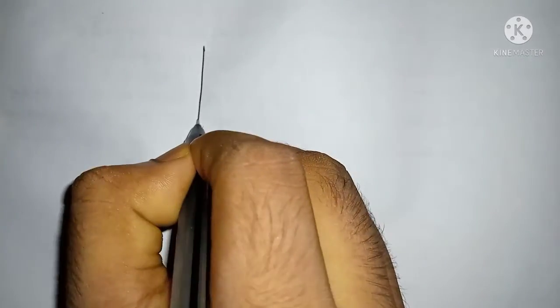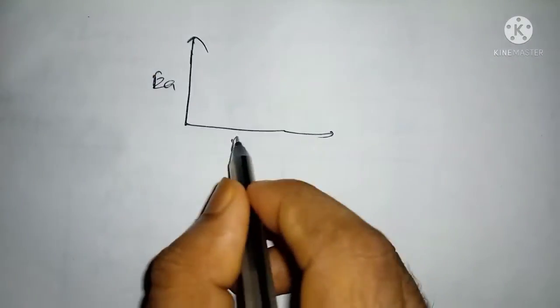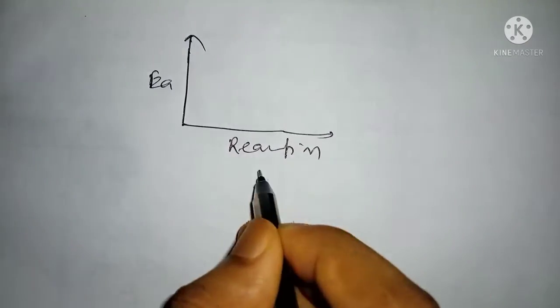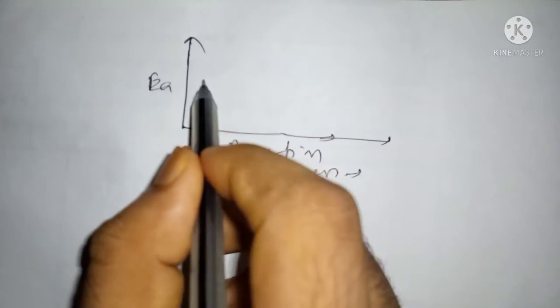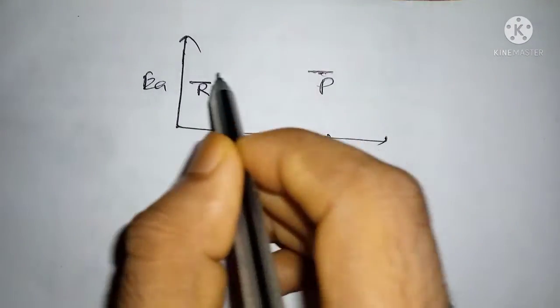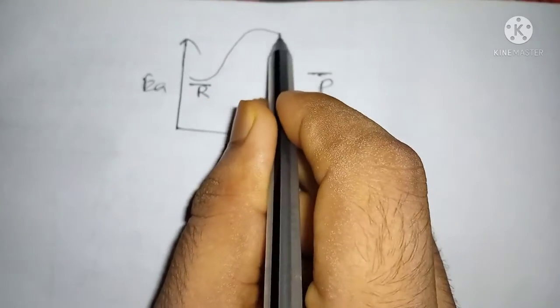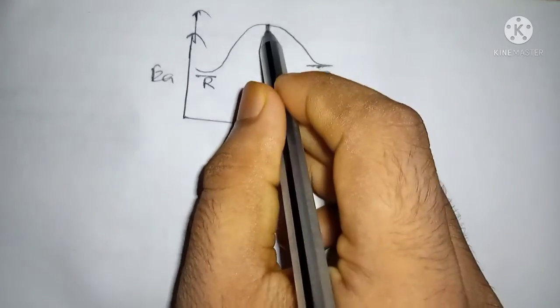Another graph, activation energy versus reaction progress. Suppose this is the reactant molecule and it forms the product, this is the product, and this is the threshold energy.